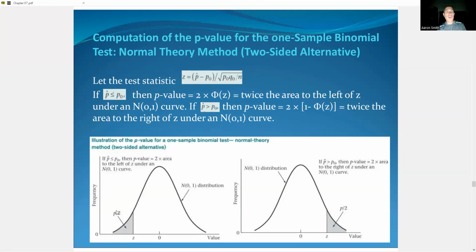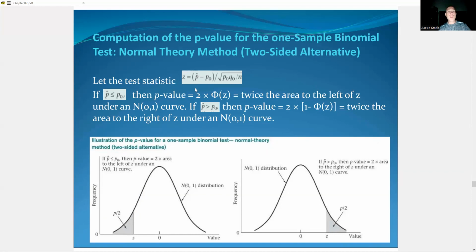If it's substantially lower than the hypothesized value, then I conclude that it's less. So the test statistic is the observed probability of success minus the hypothesized probability of success, divided by the square root of the hypothesized probability of success times the hypothesized probability of failure divided by n. This will give me a standard normal value.